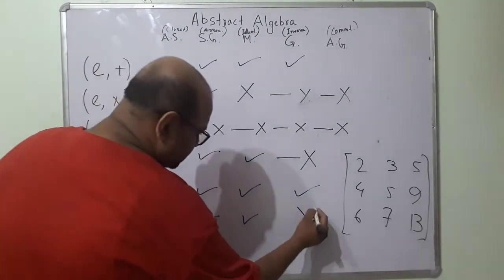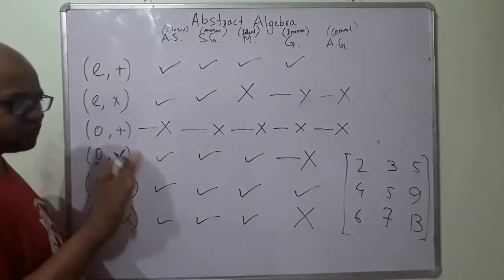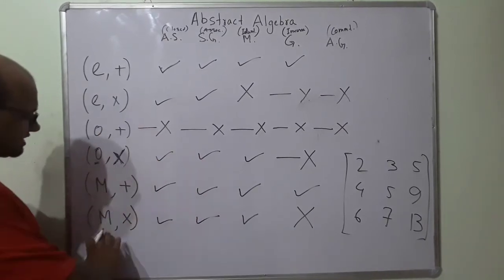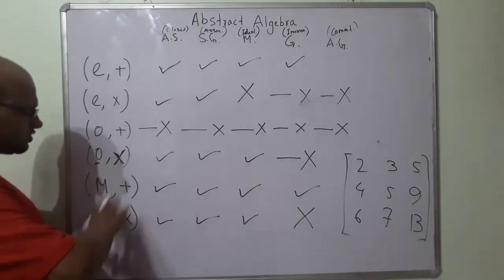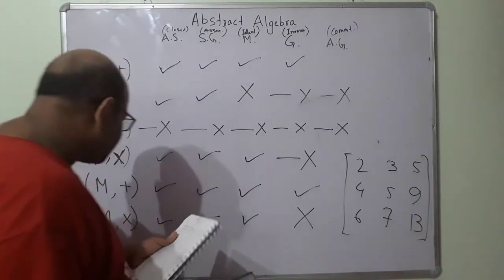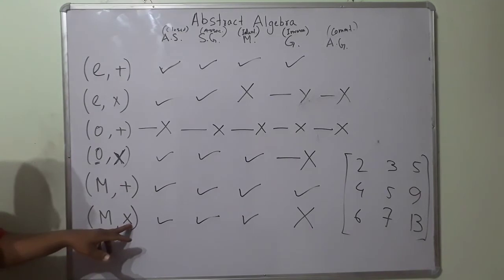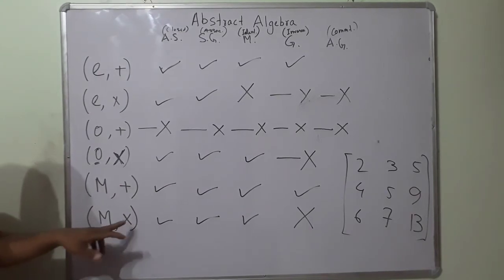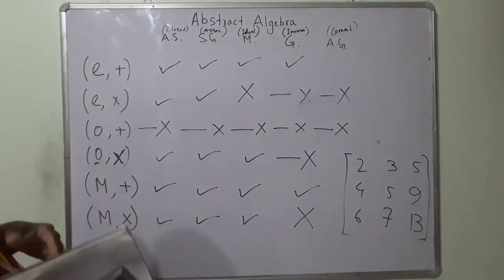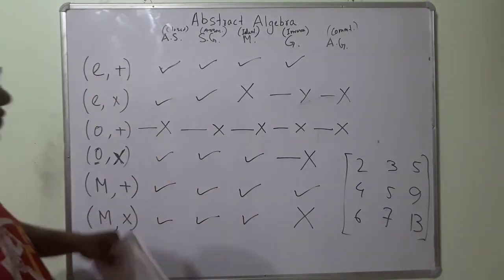There are elements in the set of matrices whose inverse does not exist in the set of matrices. Because of that, matrices under multiplication is not a group.